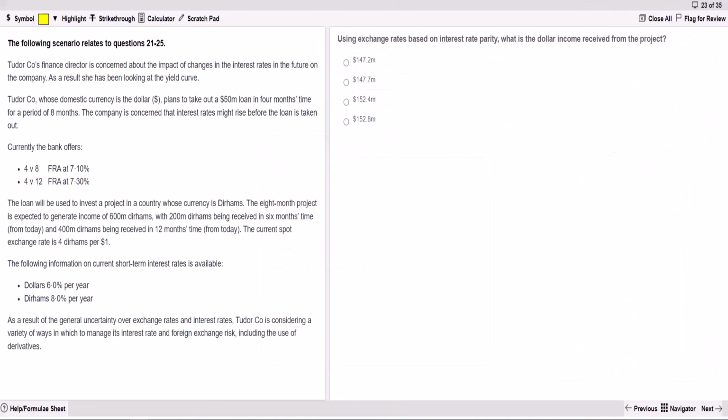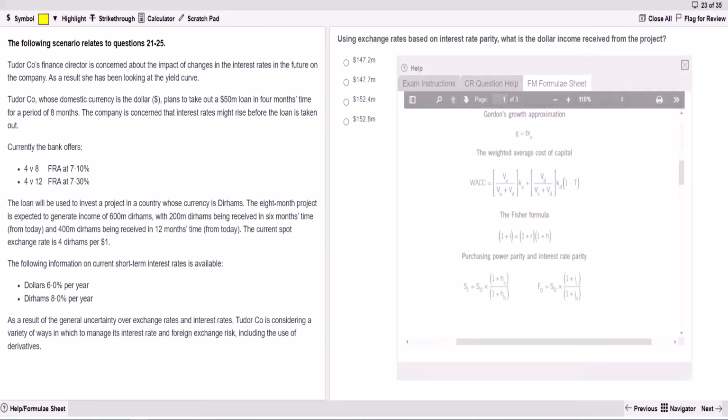Next question says, using exchange rates based on interest rate parity, what is the dollar income received for the project? Well, the interest rate parity is a formula on your formula sheet. So it's the second one of those at the bottom.